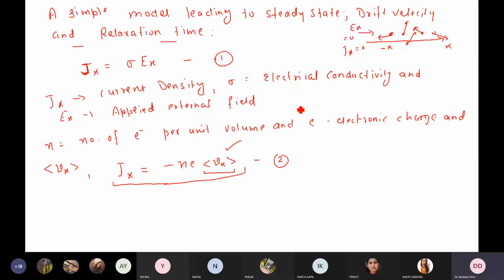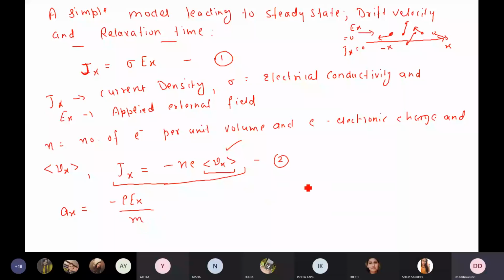Now, any free electron under the influence of an external electric field Ex obtains an acceleration, right? Because they are drifting, they are getting velocity, so they are getting an acceleration. The value of that acceleration will be Ax equal to minus Ex upon m. Why?